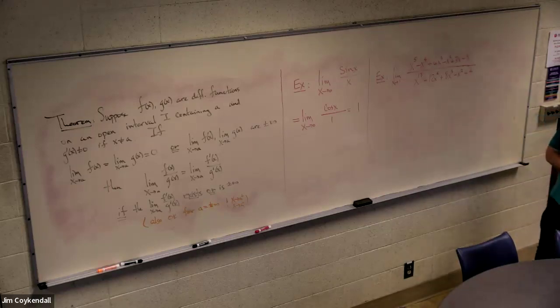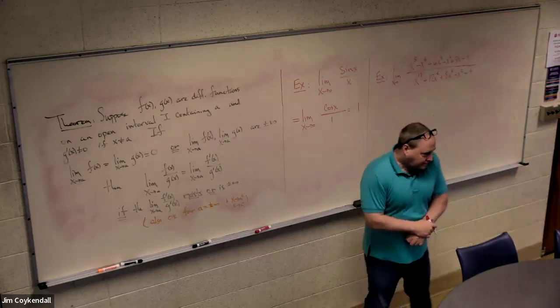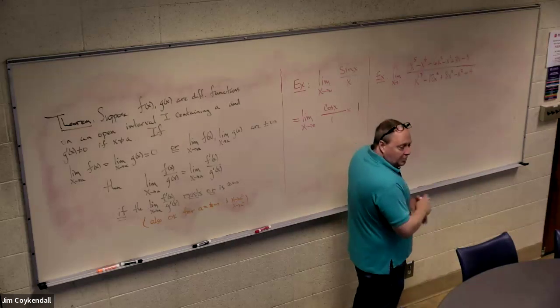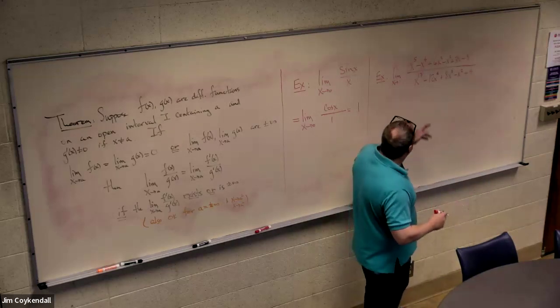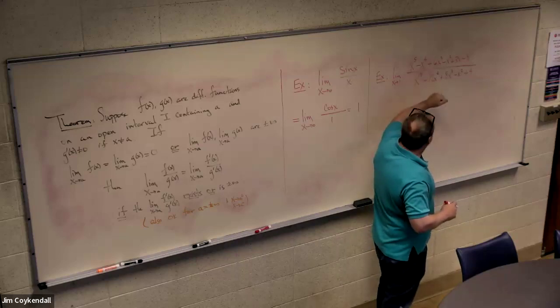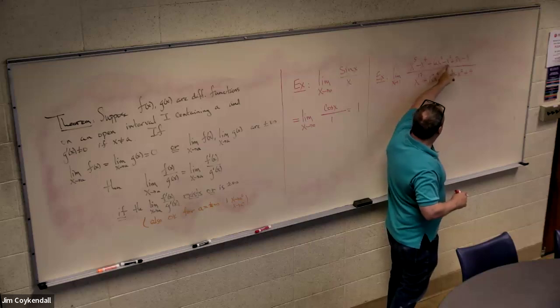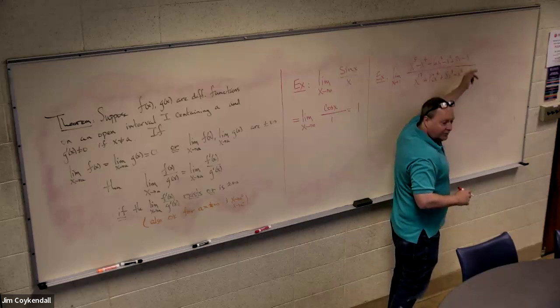Now, let's look at this. The limit as x goes to 1 of this crazy quotient. Now, plug in. That's the natural thing to do. What happens when I plug into the top? If I plug in 1, 1 minus 1 is 0, plus 6 is 6, minus 1 is 5, plus 3 is 8. So I get 0.